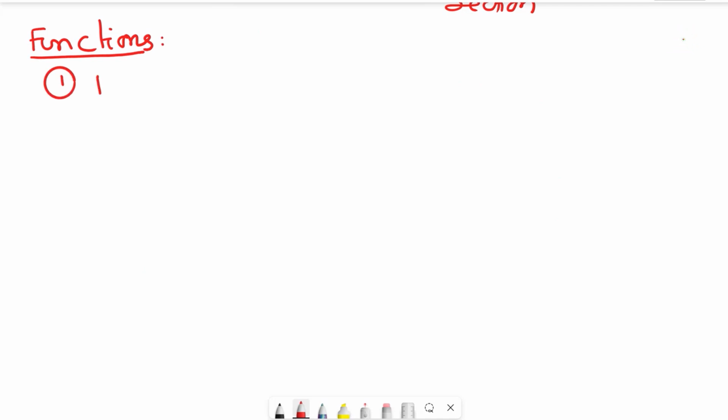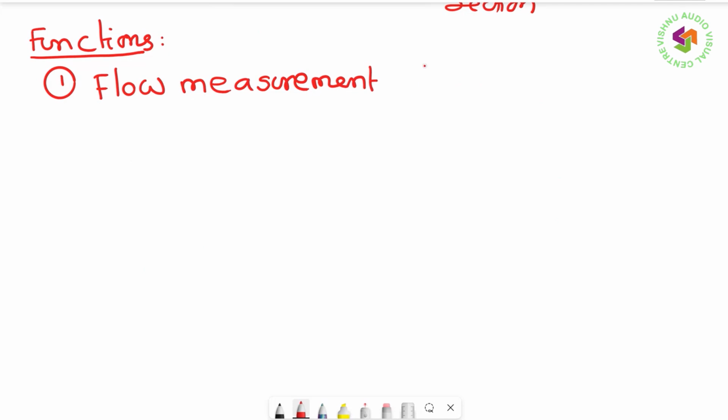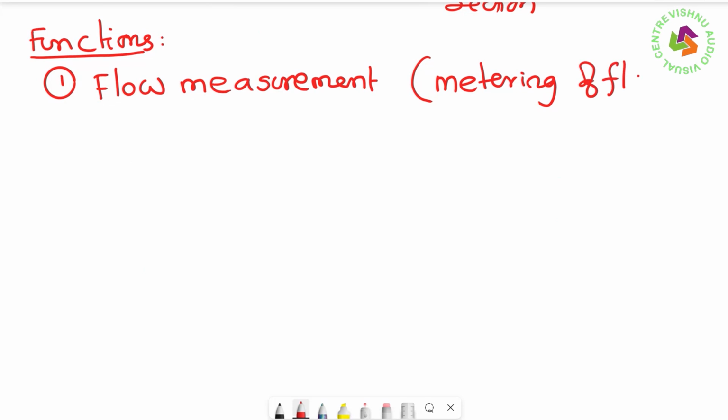Why do we provide channel transitions? What are the functions actually? The functions may be any one of these or multiple of these. Number one is flow measurement, called metering of flow. This is the main purpose.